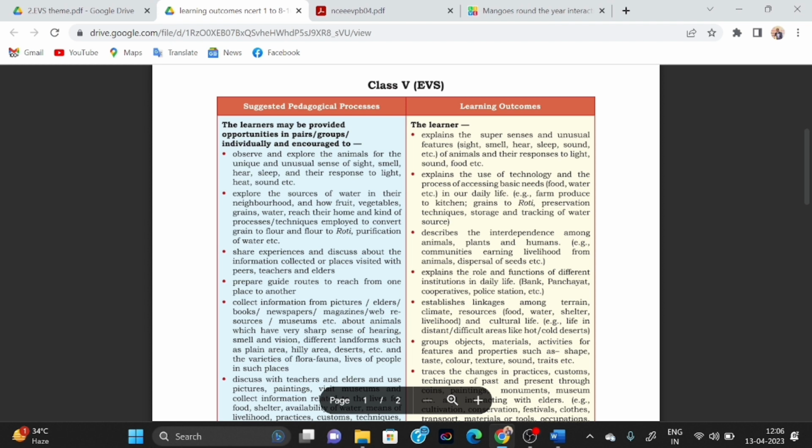For example, farm produce to kitchen, grains to roti, preservation techniques, storage and tracking of water source. So this lesson plan is based on this second learning outcome suggested by NCERT.